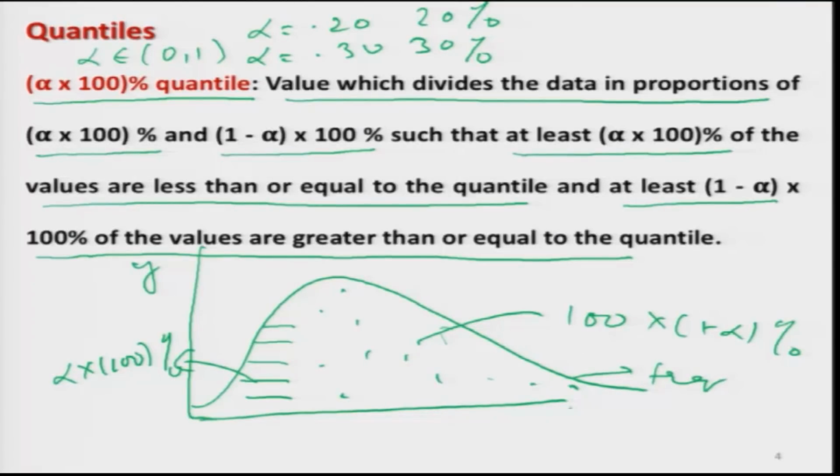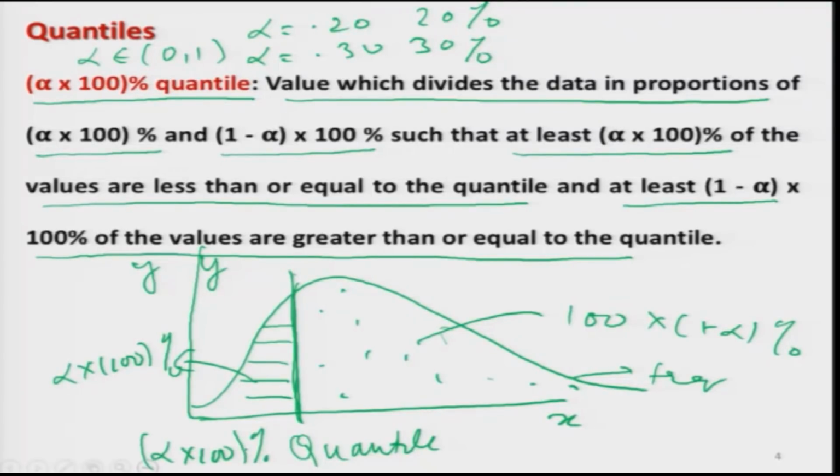So, this is a graph on the x and y axis like this. Sorry, this is the x axis and here the y axis, and this value here will be your quantile, or more specifically the alpha into 100% quantile.